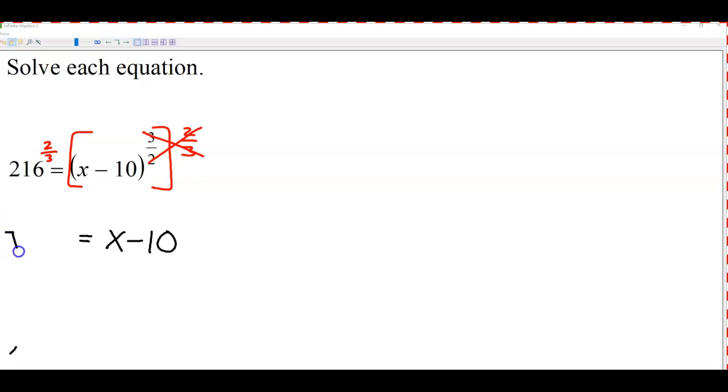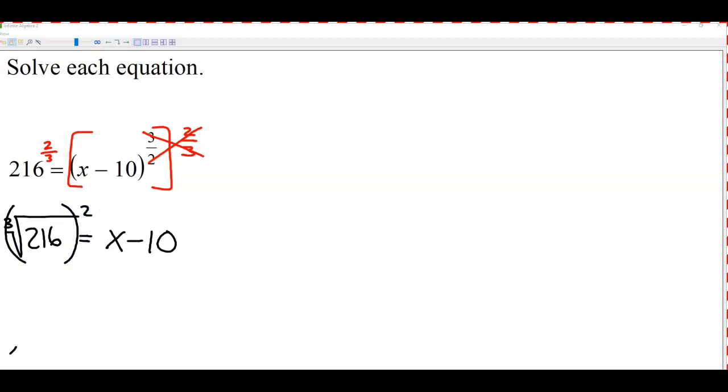So I'm just going to go ahead and change that into a root now. What's my root? 3. And the radicand, the number inside, is 216. And the power? 2.